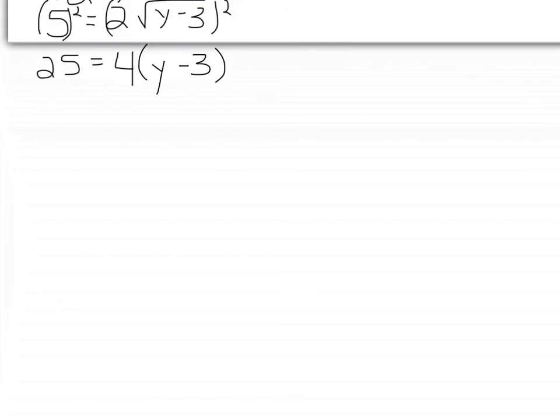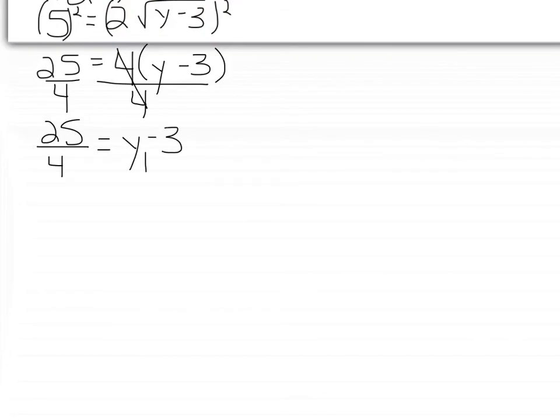Actually, we're not even going to distribute the 4. We're going to divide the 4 away in order to isolate y. So that's going to leave me 25 over 4 is equal to y minus 3. Add 3 to both sides. So you have 25 over 4 plus 3 over 1 is equal to y.